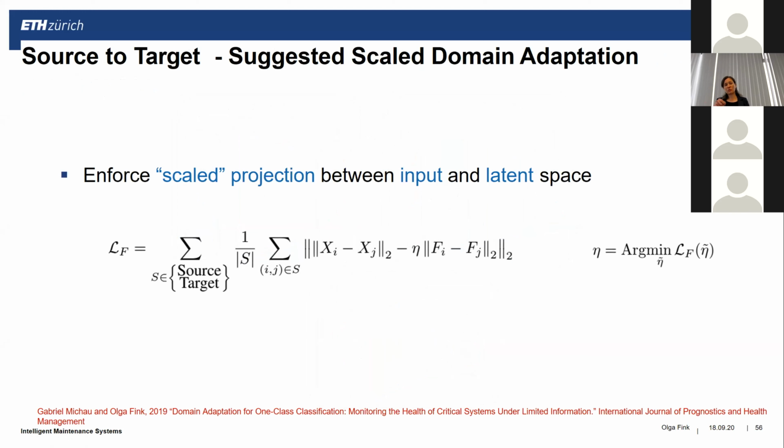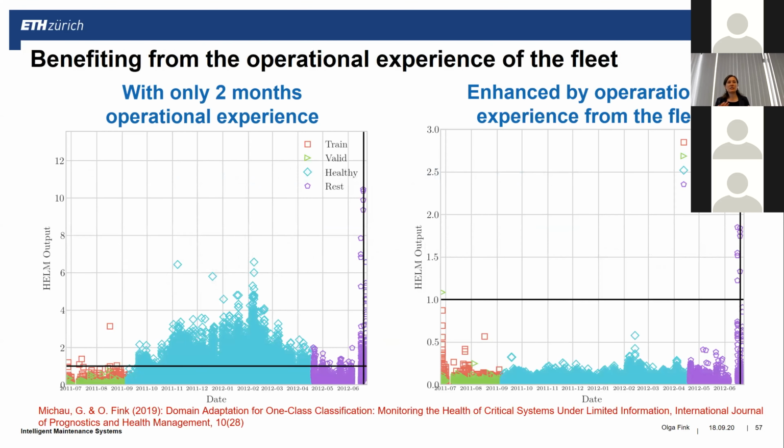So we had the three parts of the loss, and that's what we then applied on the case study with these 112 gas turbines. For example, this was the case where we just used the target unit and trained it on these 2 months of target unit data, and obviously now it started deviating here.